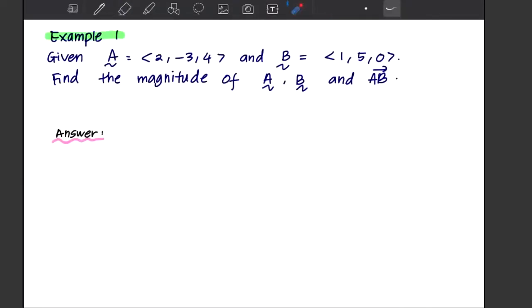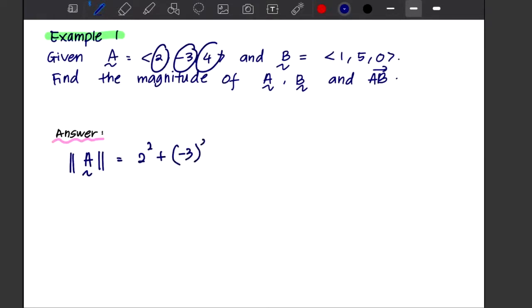Look at example 1. Given vector A and also vector B, find the magnitude of A, B, and also AB. So we want to find magnitude of A. A equals the square of the components, plus negative 3 square plus 4 square, and then you square root.